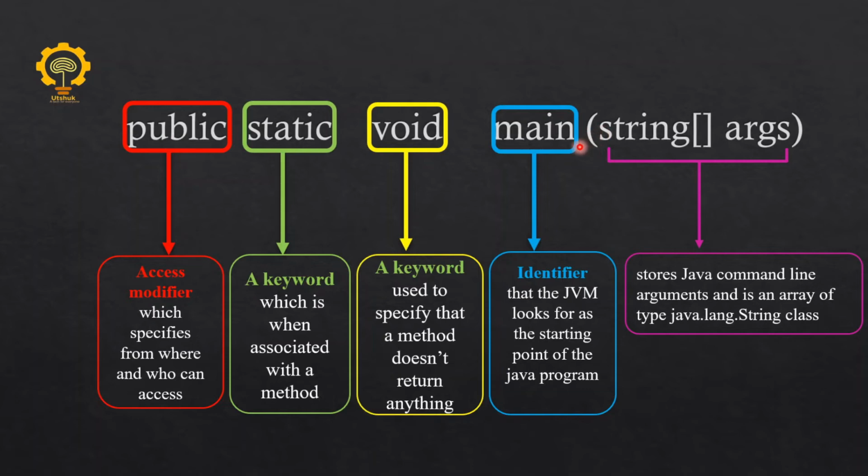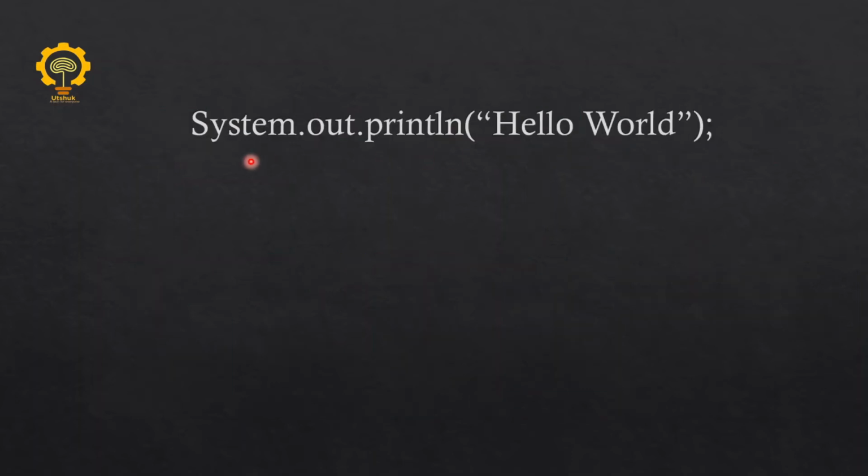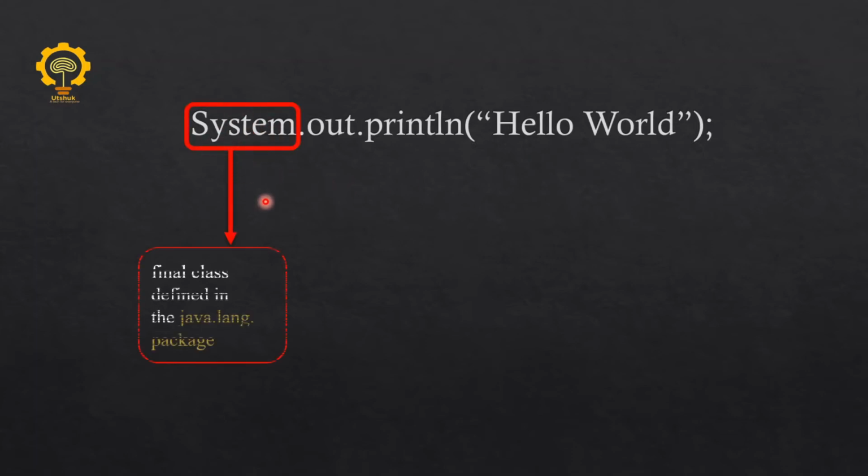After that, we're going to look at how the hello world program is printed. So this is our syntax, and this is our program to print hello world. As you can see, here is System.out.println and some text written here. System is actually a class that is defined in the java.lang package.